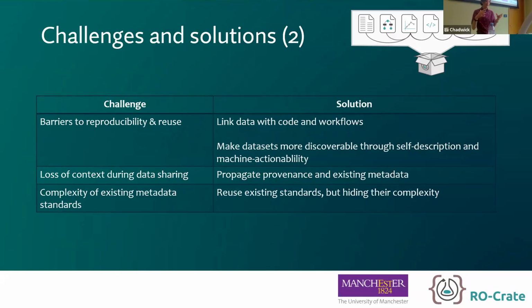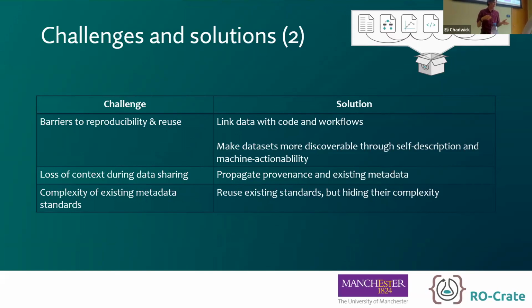There are also plenty of barriers to reproducibility and reuse, especially when you just focus on papers. If you are sharing data around, sometimes you lose the context for how that data was generated or where it came from. And existing metadata standards are pretty complex.